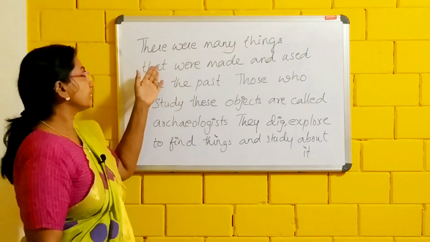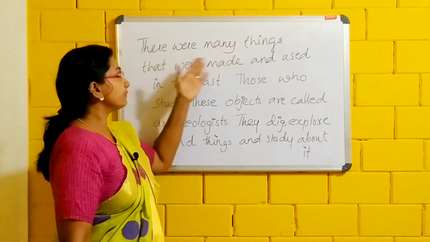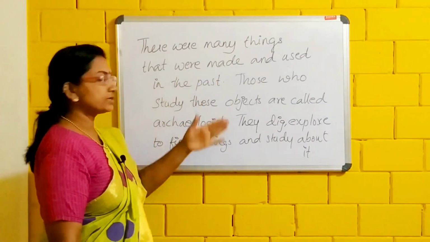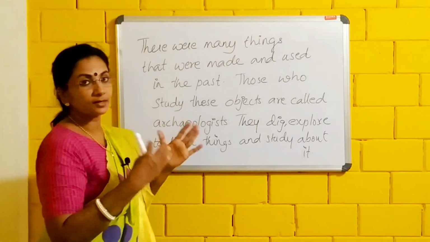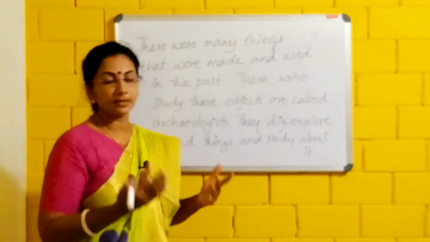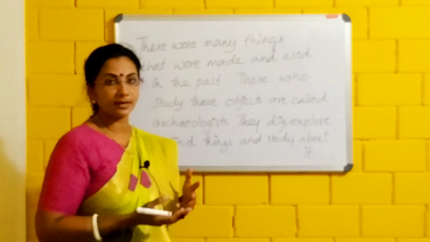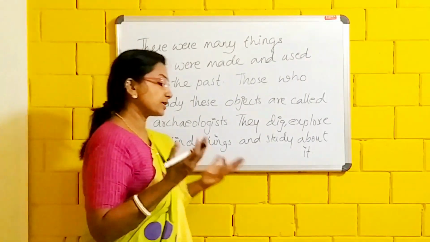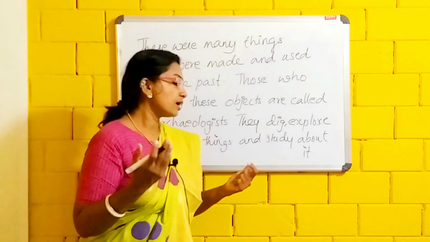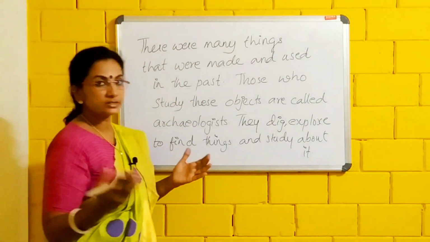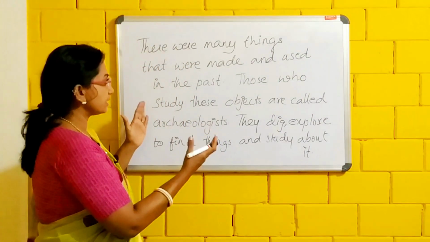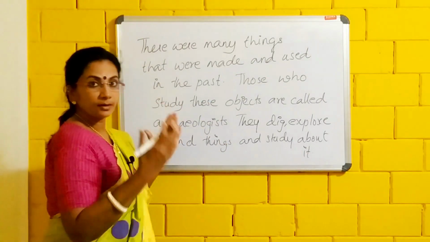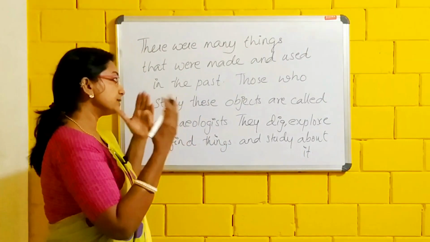I told you I will give an example. There were many things that were made and used in the past. These things come under objects. That means the remains of the buildings, the stones, the clay, they are there, no? Buildings, paintings, sculptures, tools, pots, stones, bones of animals and fishes, everything is there. How can we know about these things?